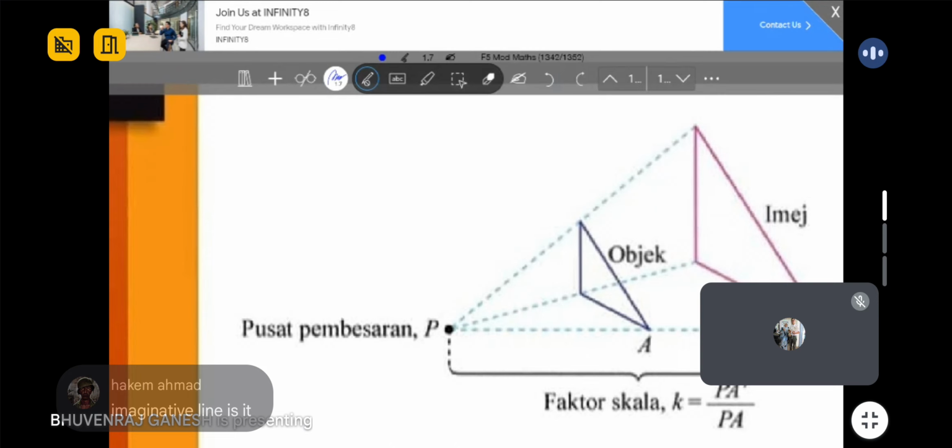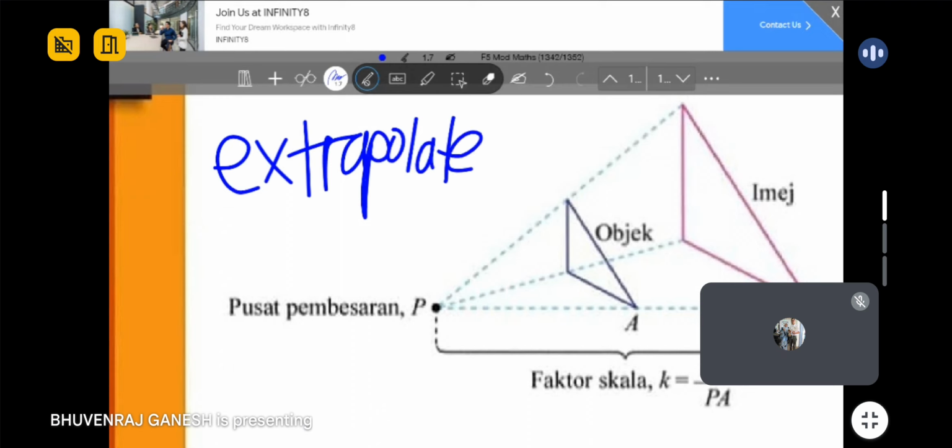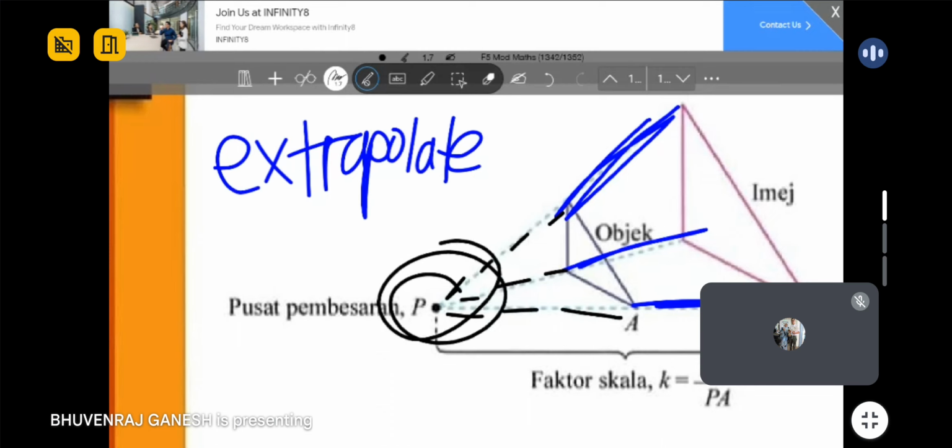It's kind of like an imaginary line, like you extrapolate. You heard of this word, right? This is one of the graphing techniques, extrapolasi, I think in BM. Extrapolate means this is the original line, when you connect the corresponding points on the object and image, but kamu kena extend garis ni ke belakang sikit untuk tengok mana mereka bersilang.